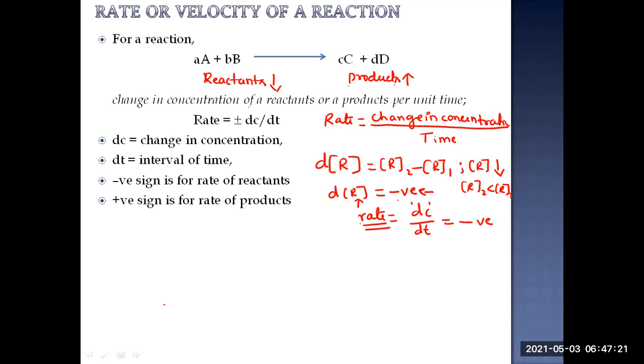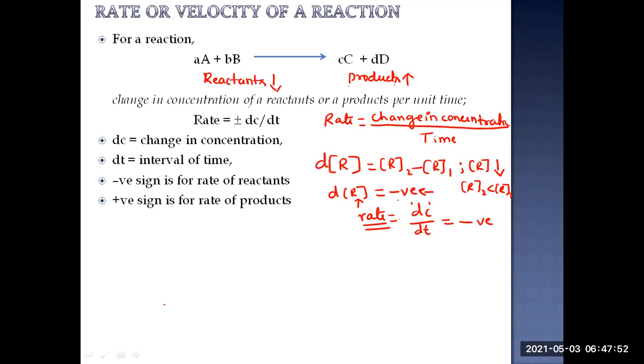If I say a vehicle is moving with minus 60 km per hour, that has no sense. But of course, in your physics derivations, they may say negative for the opposite direction, but that's only to indicate direction, not magnitude. Magnitude cannot be negative. So if I don't use the minus sign in the mathematical rate expression for reactants, dc by dt becomes negative. A negative rate has no meaning.